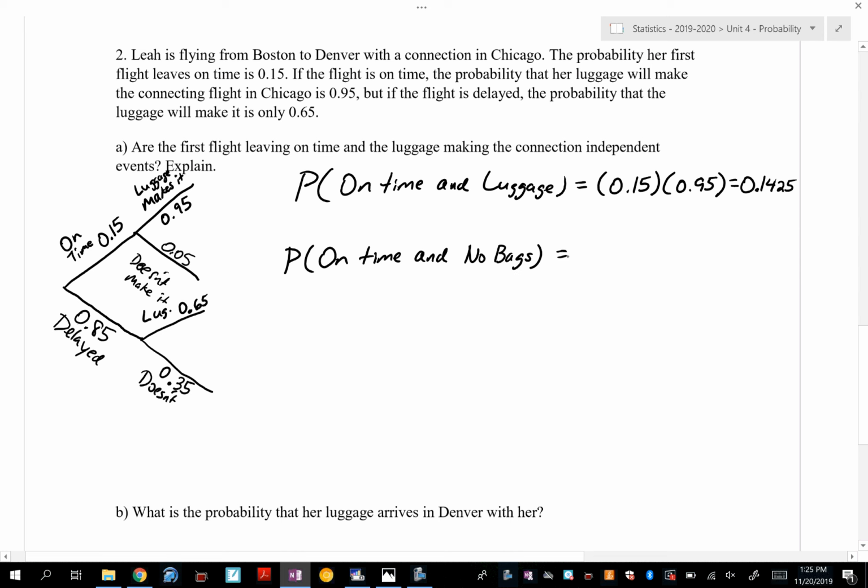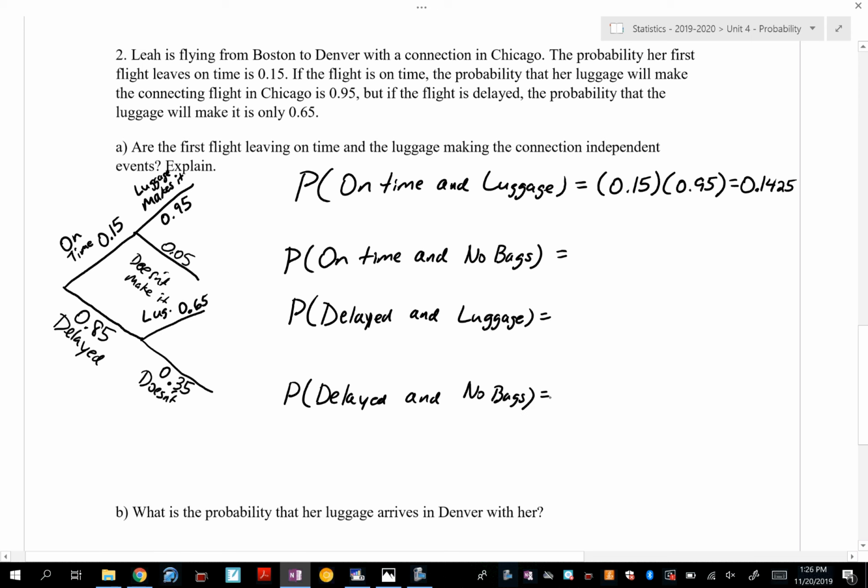I like that. I'm going to use no bags, David. Okay, probability of delayed and luggage. And then probability of delayed and no bags.